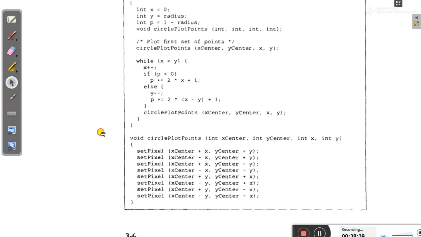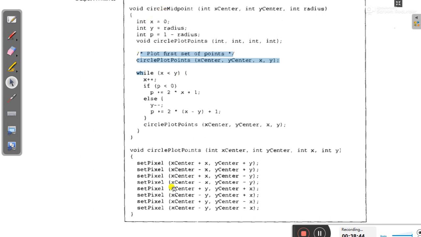Try to understand that by evaluating this function one time we can plot 8 different points in the monitor, just by putting minus or changing the values of y and x. Okay, you can see here. So by calculating one value only, we can plot in this way 8 points simultaneously on the screen.